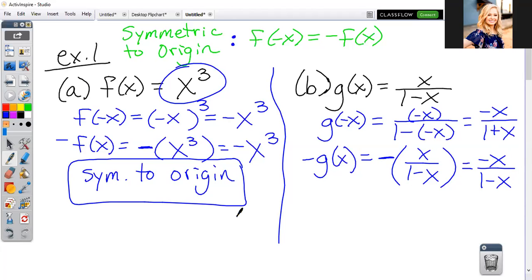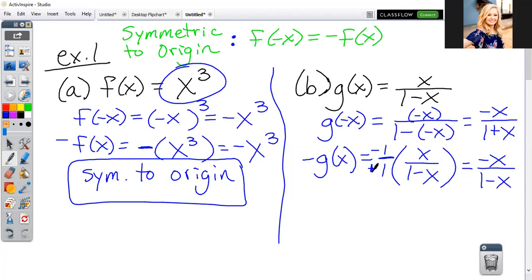When you distribute, what's out front here? We don't write it, but it's there: negative 1. It's not negative 1 over negative 1, it's negative 1 over positive 1. So when you multiply the negative times the top, it's done. You don't multiply negative times the bottom too.